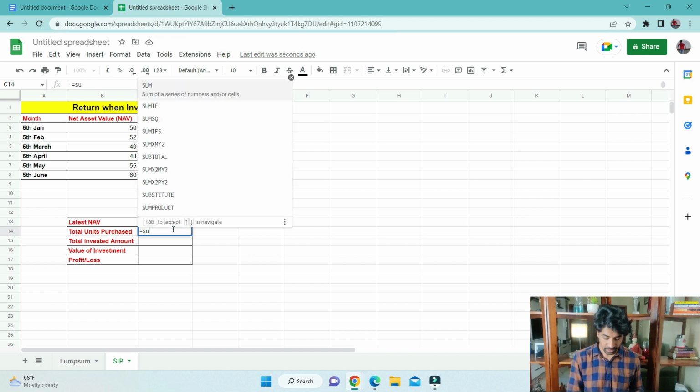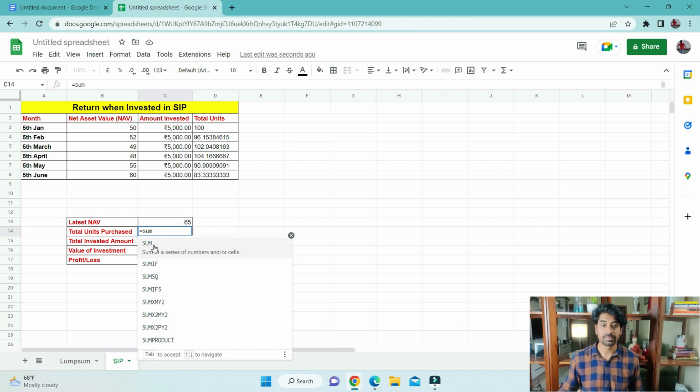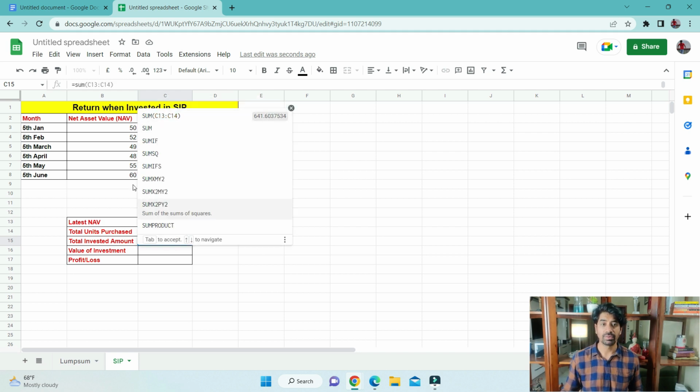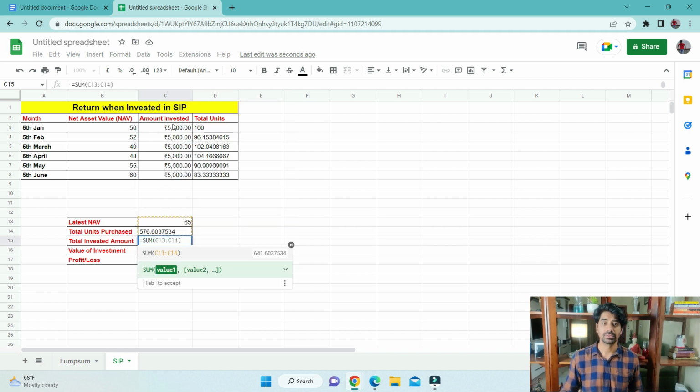It would be the sum of all these units. So it is 576.603 units. So what is the total investment amount? The total investment amount is equal to the sum of these 6 months, which is 30,000 rupees.